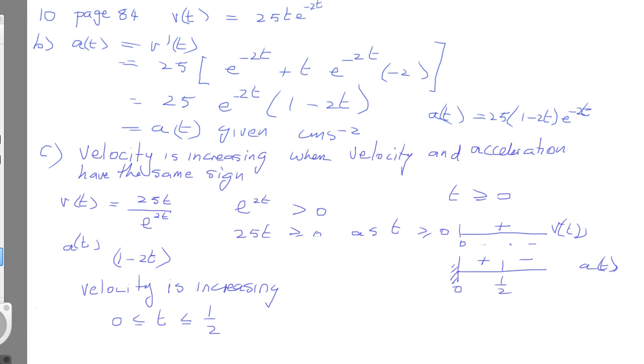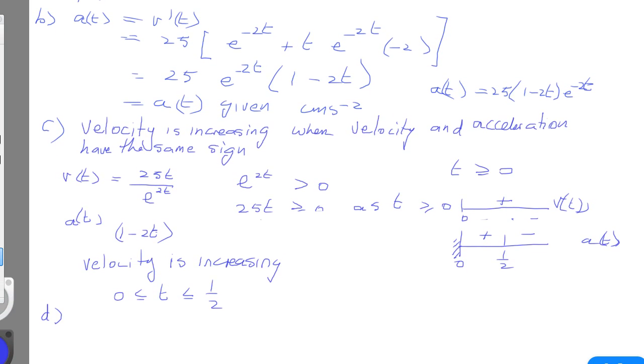And the speed is decreasing, so part D, the speed is decreasing when they're in opposite directions. So velocity is decreasing, so they're opposite signs after a half, for t greater than or equal to a half, and that matches the sign diagram.